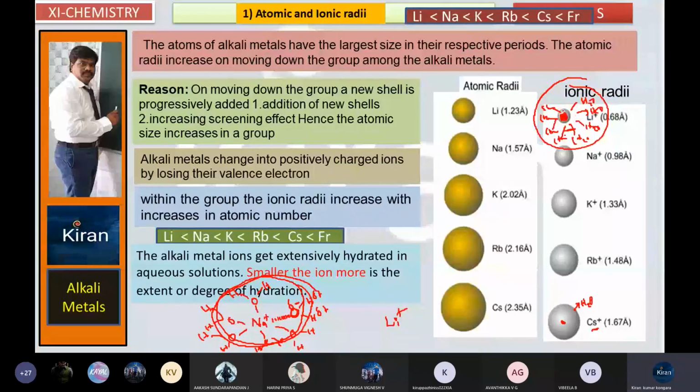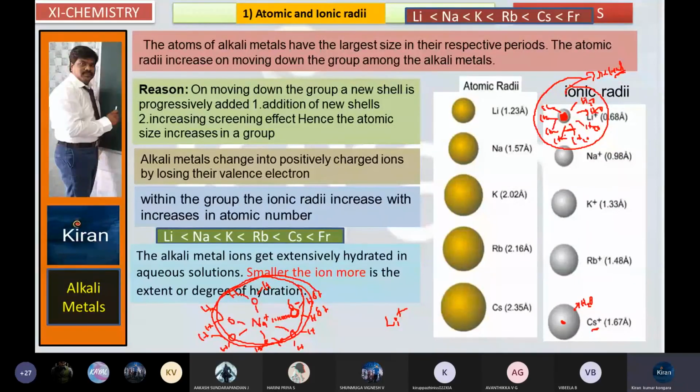Hydration energy means the amount of energy released when 1 mole of ion crystal is formed here. So here this nucleus attracts water. While attracting and holding this water, some heat energy is released. That released heat energy is termed as hydration energy.